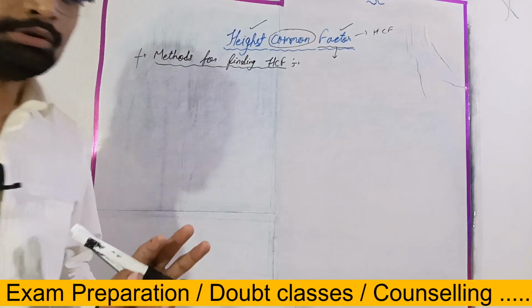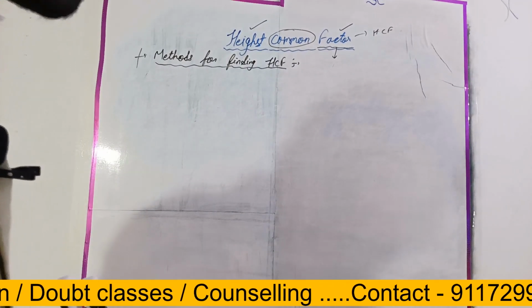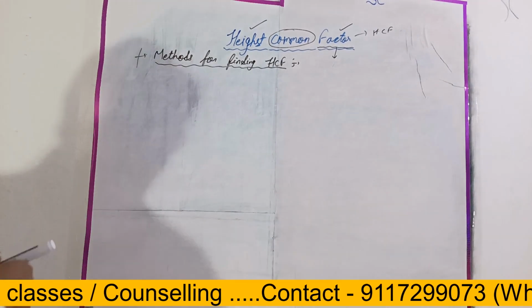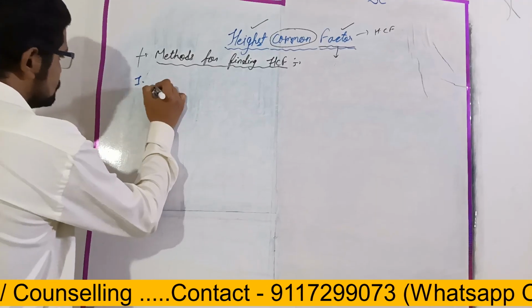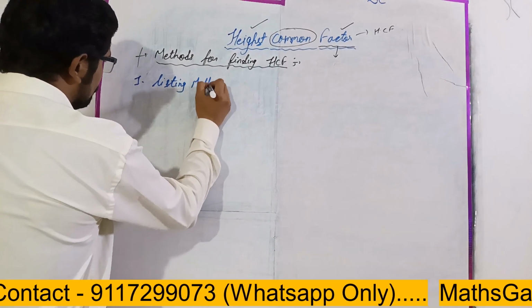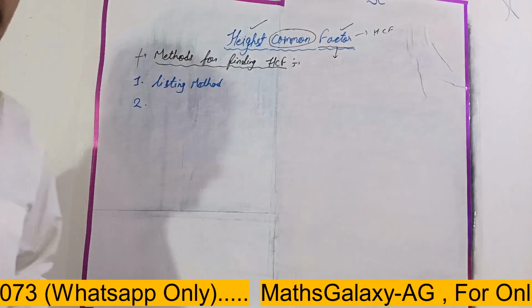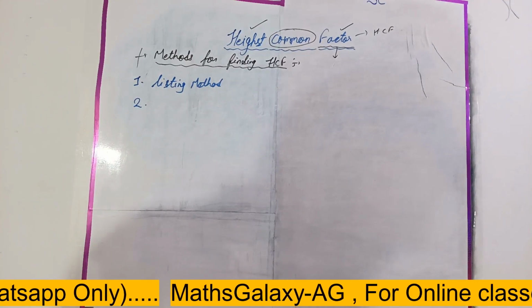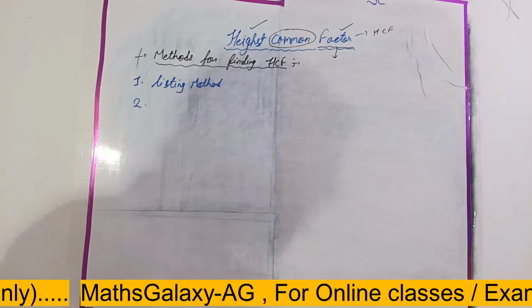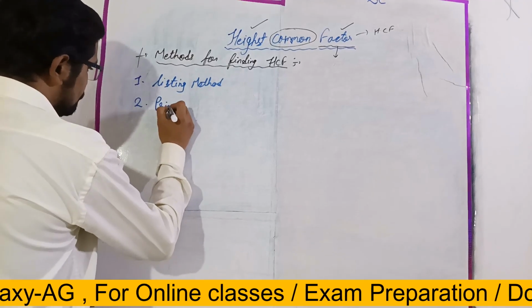Basically, we use a total of three different methods. The first one is listing factors, or you can say the listing method. The second one is the prime factorization method.